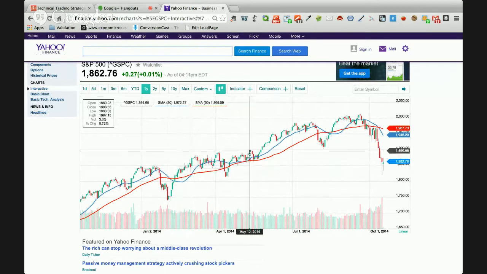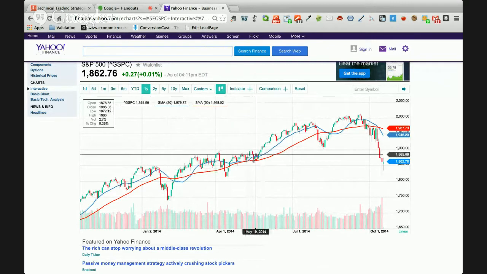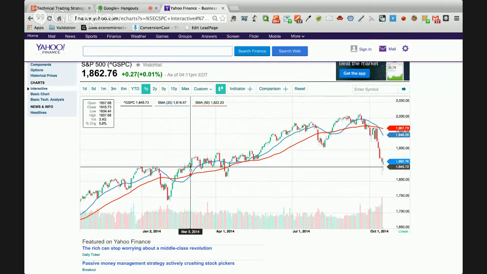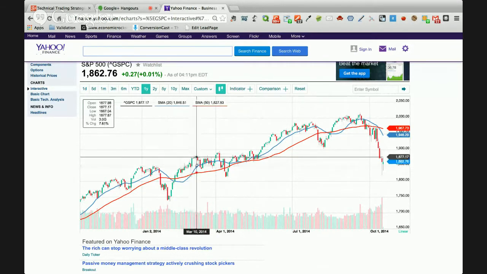What technical traders would be looking for is the 20-day moving average to rise above the 50-day, and that's a positive indicator in the stock market. Here we have the blue line, which is the 20-day moving average, rising above the red line, the 50-day moving average. Some technical traders would see that as a buy signal, especially when prices are higher than both lines and the price action is positive.